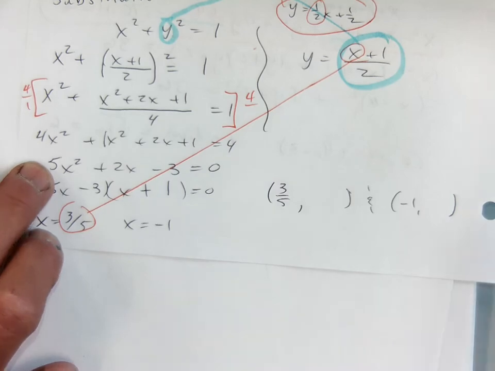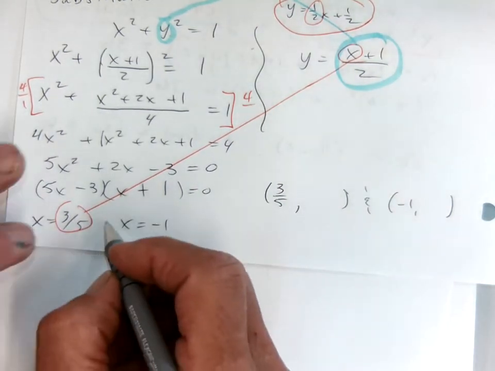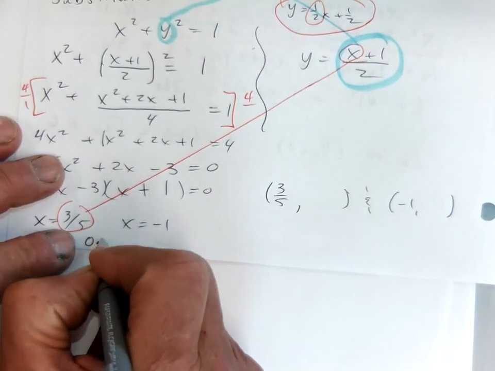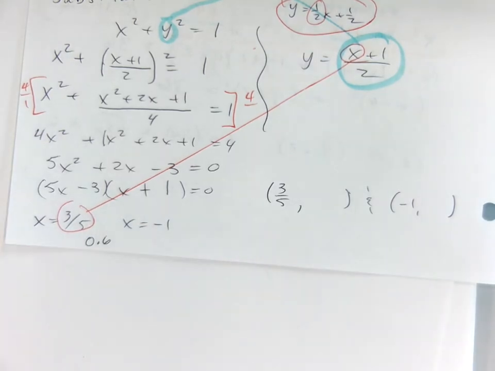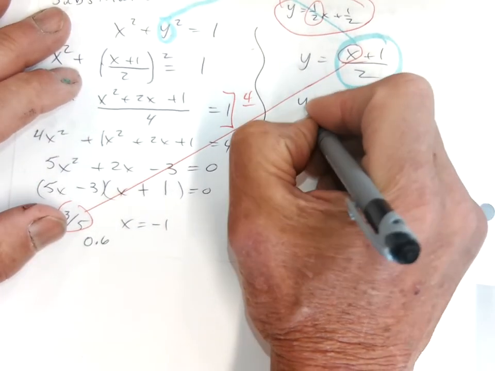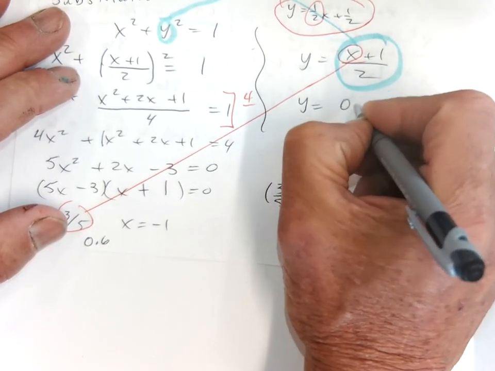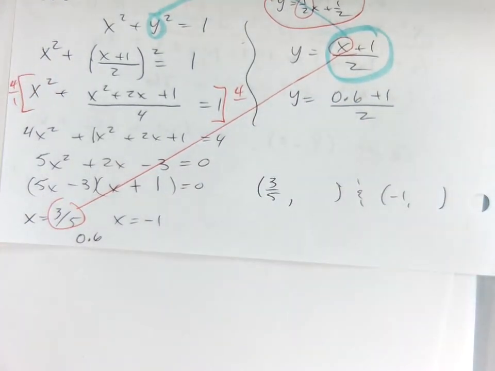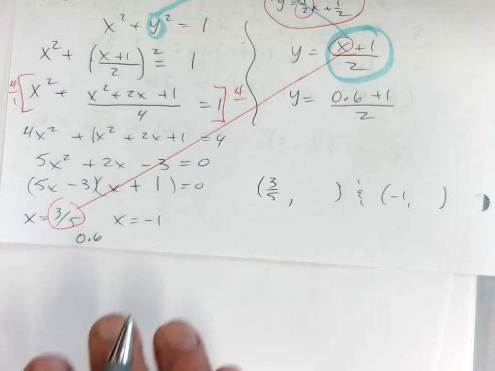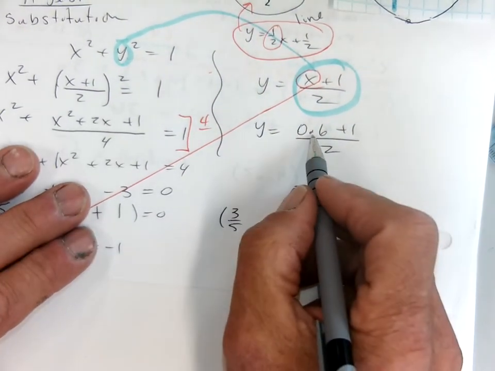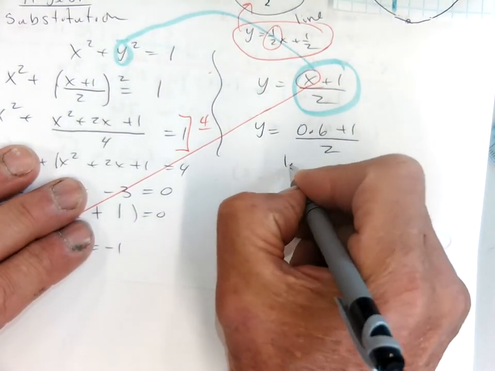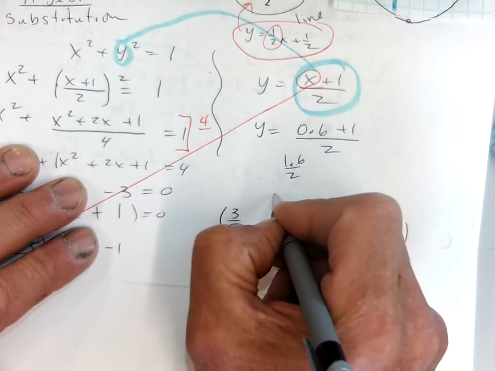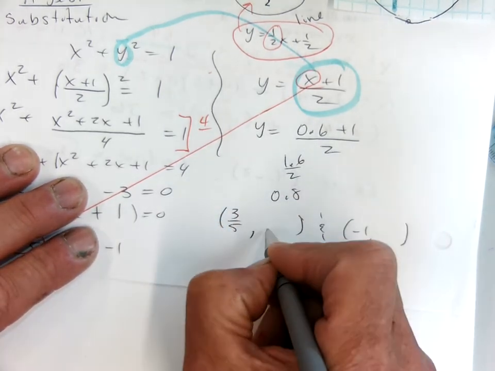And it might be easier to use a decimal like 0.6. 0.6 might be easier than fractions, right? So I'm going to go y equals 0.6 plus 1 over 2, which is 0.8. You okay with that 0.8? 1.6 divided by 2, which is 0.8.